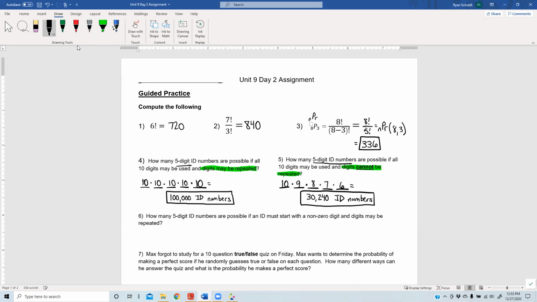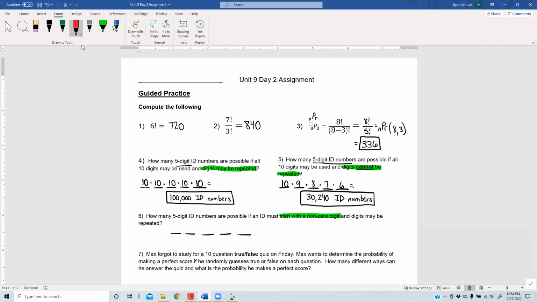Let's make life even more interesting. Let's say we're doing 5-digit ID numbers. So 5 blanks. 1, 2, 3, 4, 5. But this time, they tell us an ID must start with a non-zero digit.